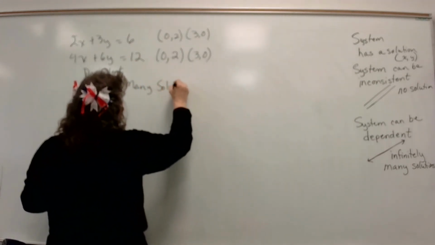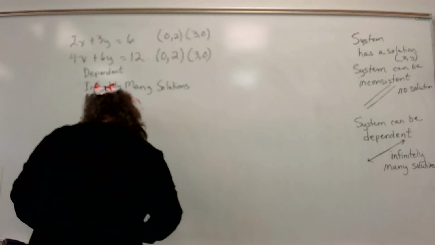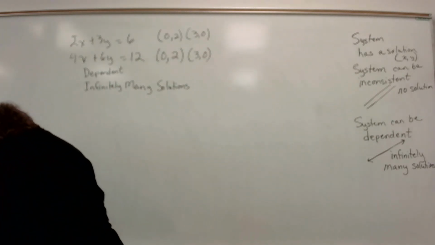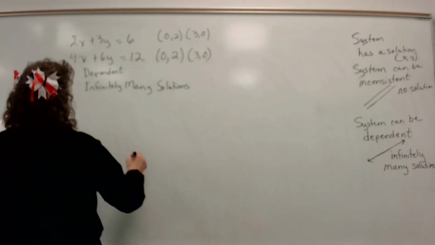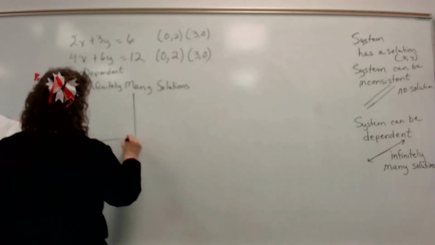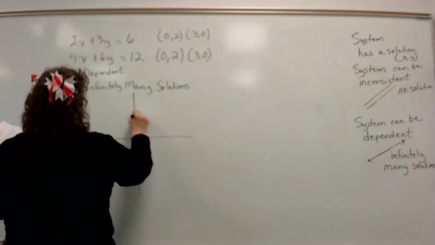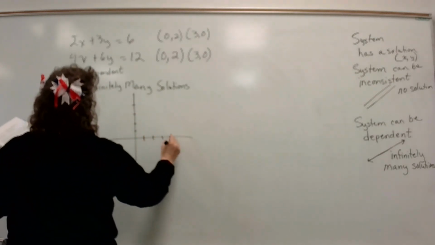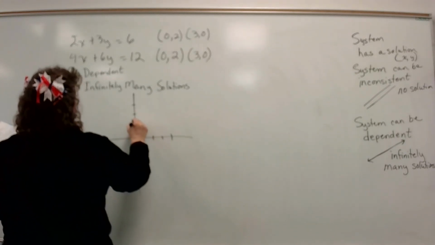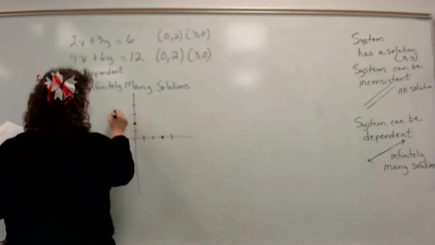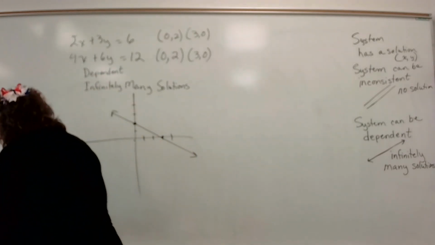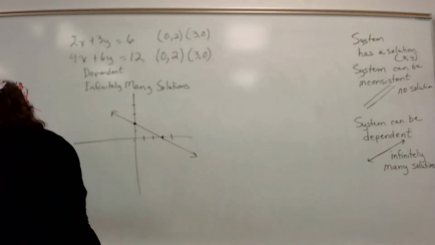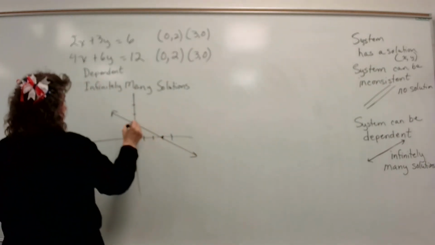Okay, so now let's find out what happens with another kind of equation. And again, if I were to graph those, what would happen? Well, I have (0, 2), (3, 0). There's the first line. The second line also has (0, 2) and (3, 0).